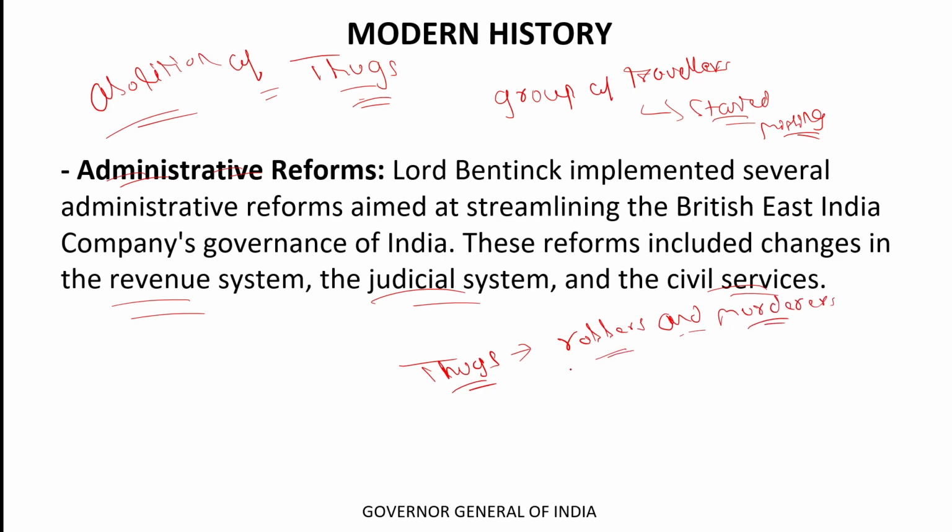Okay, these were basically the robbers and the murderers who attempted murders of travelers and stole their belongings. So these were in huge numbers. Thousands of travelers were missing. The thugs were prevalent in these areas.